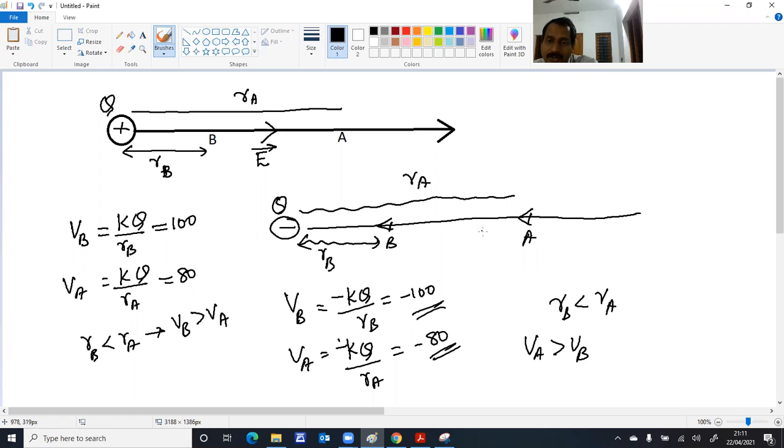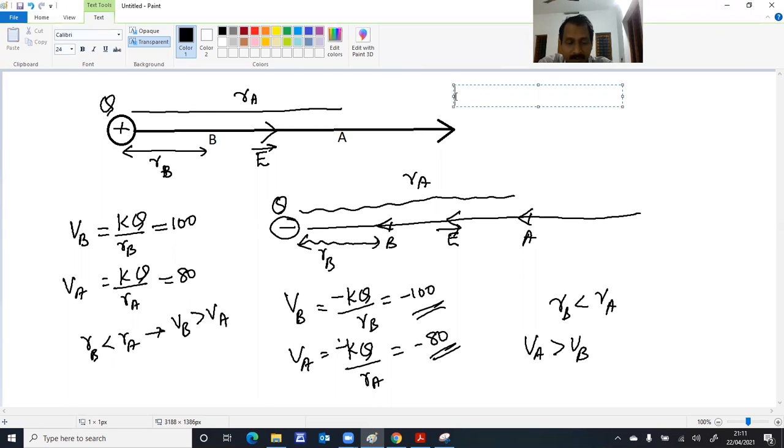So see the direction of the field: from higher to lower or lower to higher? Higher to lower. So that's a common concept. The direction of electric field is always the direction of decreasing potential.